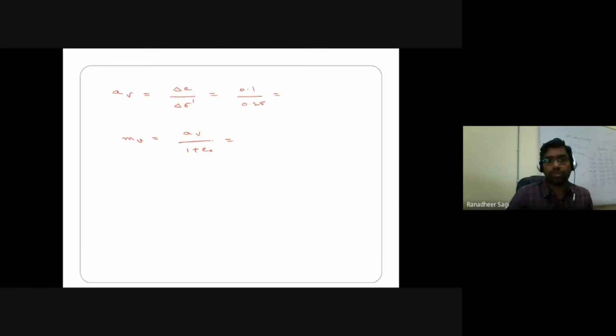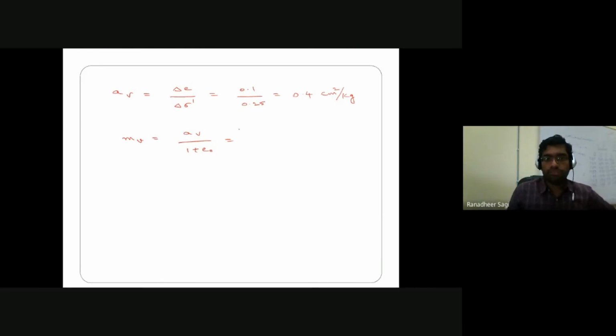Okay, AV is 0.4. Yeah, what are the units? Delta E will not have any units. Change in void ratio will not have any units, but in the denominator you have change in stress. Okay, stress in the denominator. So automatically this comes out to be centimeter square per kg, the reverse of your stress units.